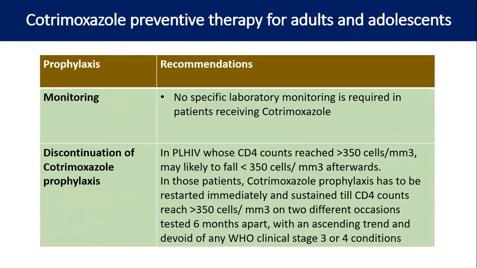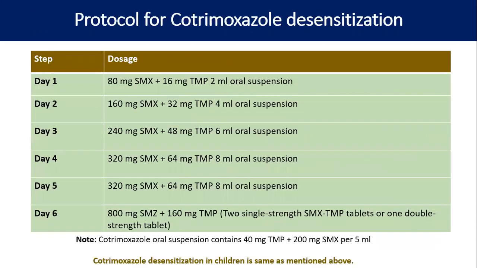And monitoring: there is no specific laboratory monitoring needed for cotrimoxazole prophylaxis. And discontinuation of cotrimoxazole prophylaxis is based on the CD4 count: if it is more than 350 cells per cubic millimeter on 2 occasions, separated by 6 months, with an increasing CD4 trend, and there is no stage 3 or stage 4 condition, then we can stop the cotrimoxazole prophylaxis.